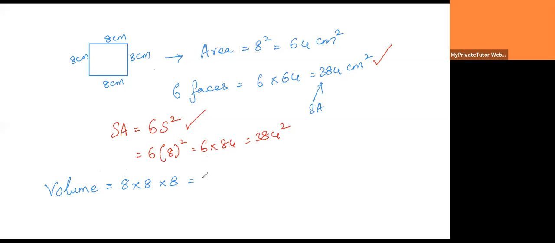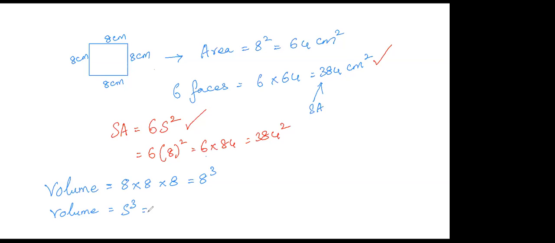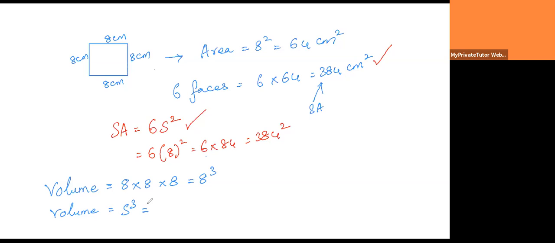So you can write 8 times 8 times 8, or 8 cube. What is the formula to find the volume of a cube? Length into breadth into height. Yes, I'm just writing side cube for this. So what is the answer? 8 cube, 64 times 8.